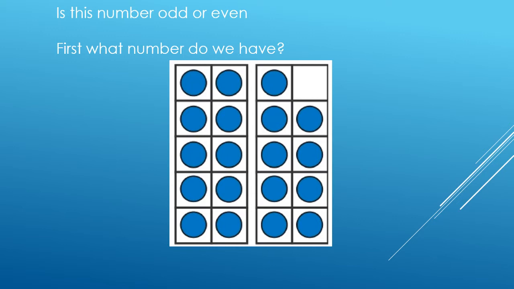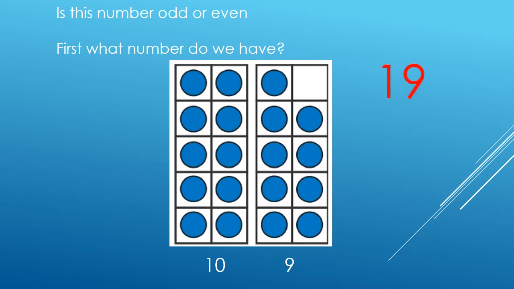You could count all of the counters, or we could use our knowledge of 10 frames to know that we have one 10 frame filled up, which is 10, and we have one 10 frame with one missing, which we know is one less than 10, which is, yes, it's 9. Well done for those of you who guessed it. So if we have 10 and 9, that makes our number 19.